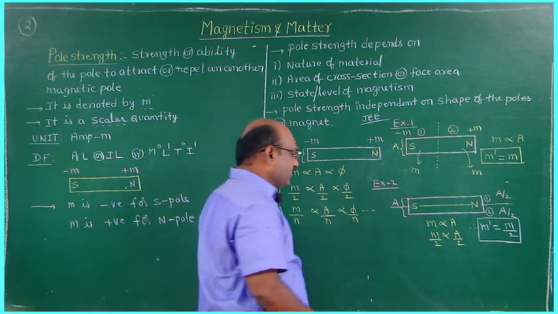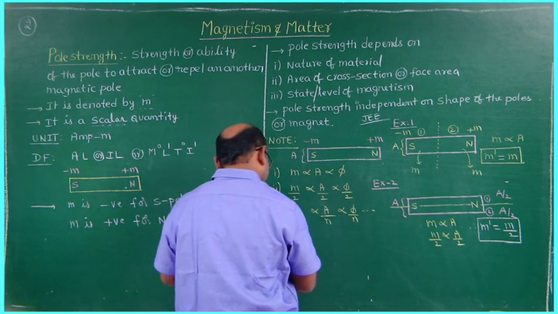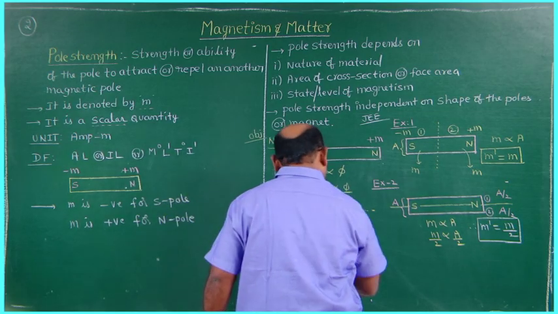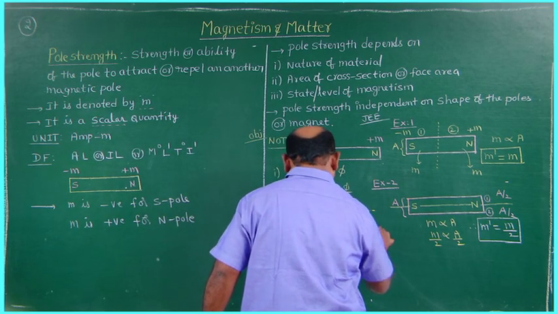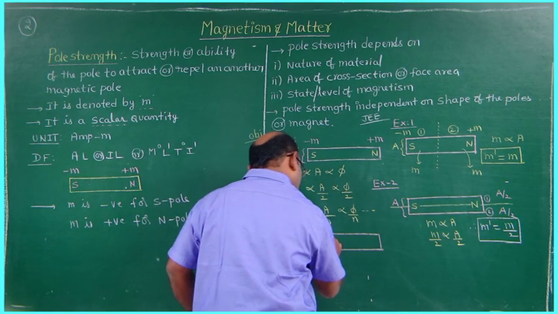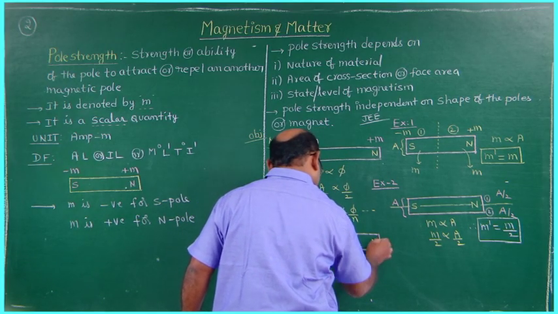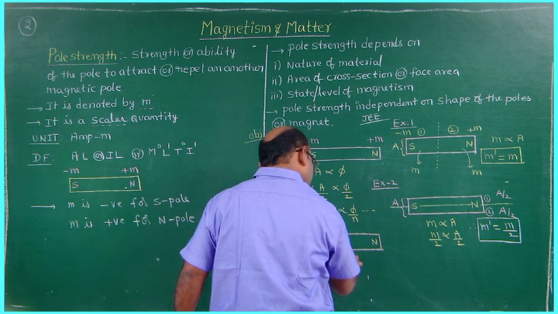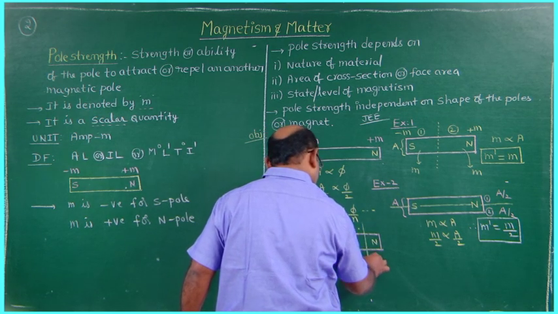Let me give one more example, example 3. In this example 3, see, this is the bar magnet with the south and the north poles. Now it is made into n equal pieces as shown in the figure.